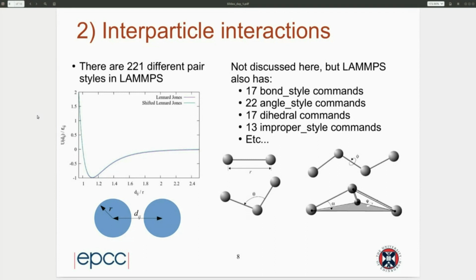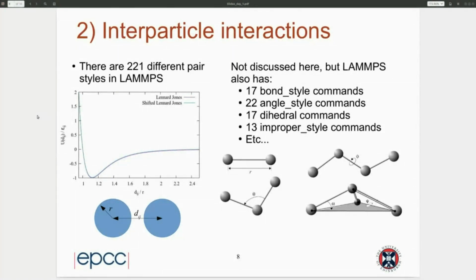Well, LAMMPS has 17 different bond commands, which essentially say these two particles are bound. Here's how they act when the bond is stretched or compressed. The one I've usually used is harmonic, but there's a huge number of other bond styles there.